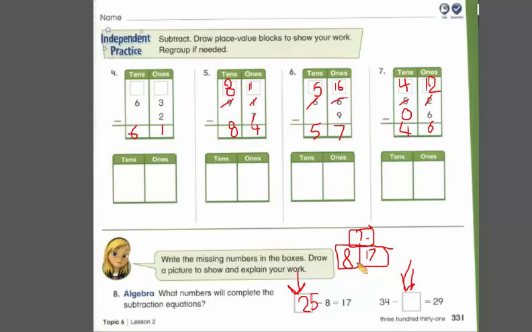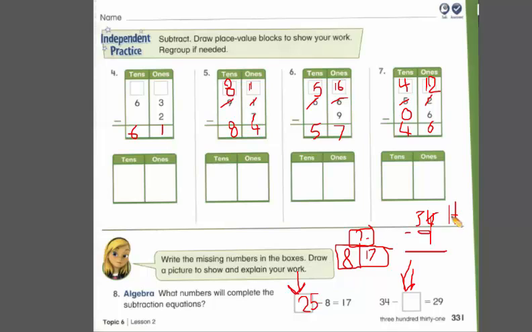When one part is missing, you will do subtraction. The whole minus part 2 equals part 1. So here 34 minus 9. Can I subtract 9 from 4? No. So you will cross 4, it will be 14.